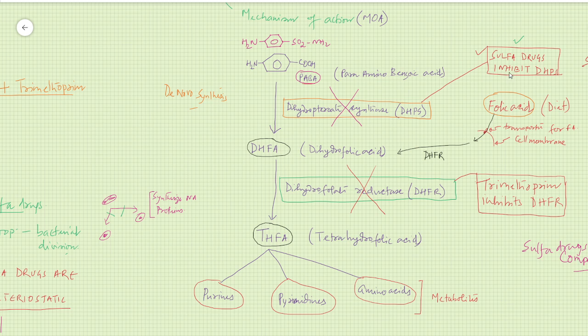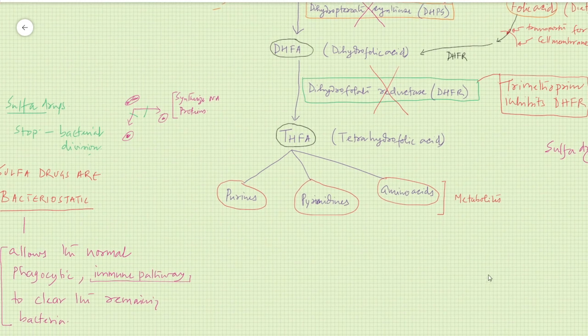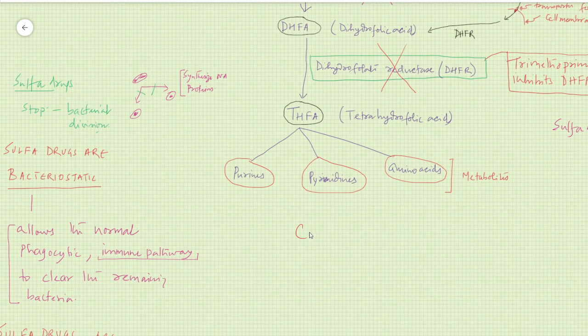Now, if you give it in combination, it becomes bactericidal. So let's write it down here. Combination or cotrimoxazole. What is that? It is a combination of sulfamethoxazole and trimethoprim in a ratio of 5:1.